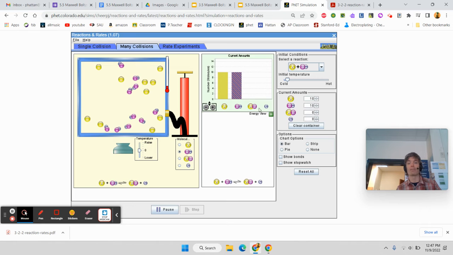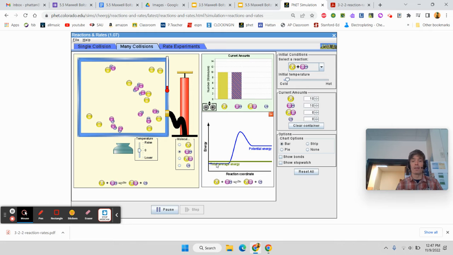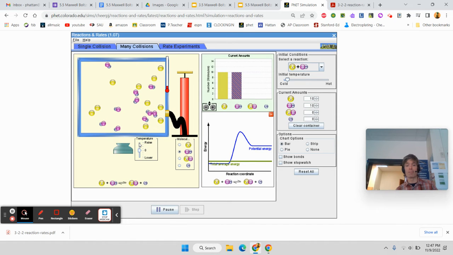But nothing is making any products. And why is that? Well, if you look, none of these particles have sufficient energy, they can't overcome the activation energy. So what do I have to do? I'd have to raise the temperature.